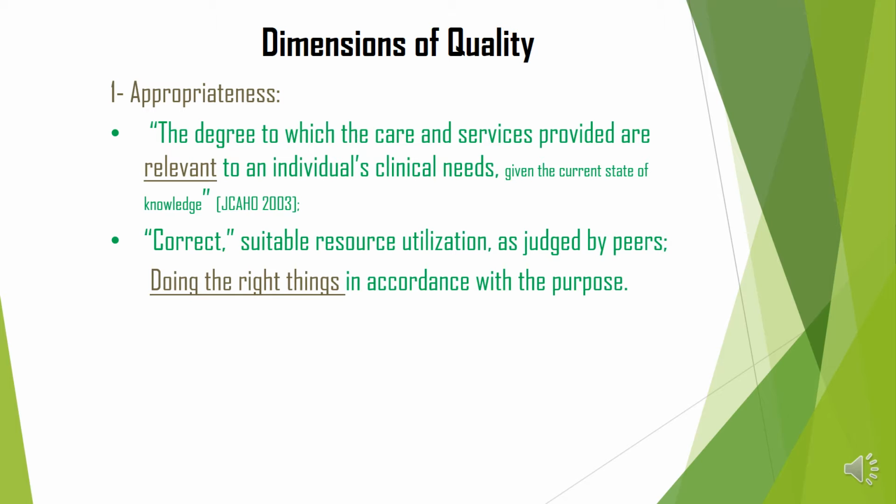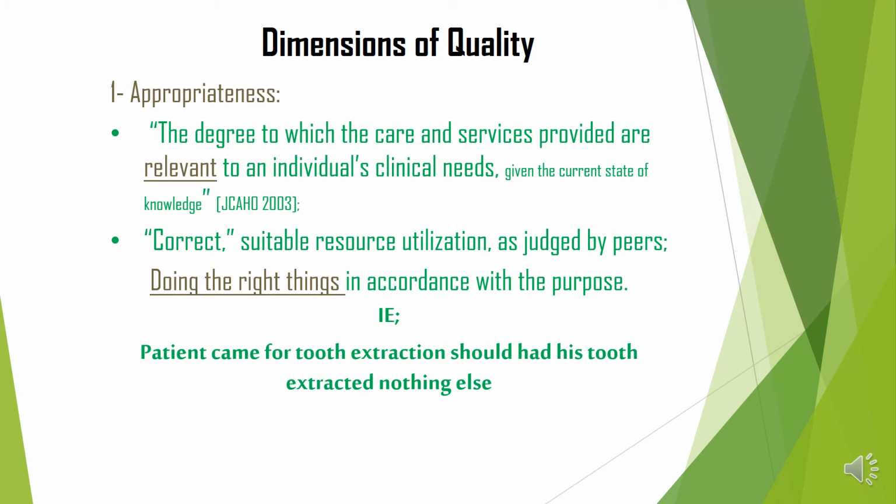Doing the right things in accordance with the purpose is another definition. We will give one example here. If the patient came for tooth extraction, he should leave our facility with an extracted tooth, nothing else. So if we did what is relevant to what the patient needs, it is appropriateness.